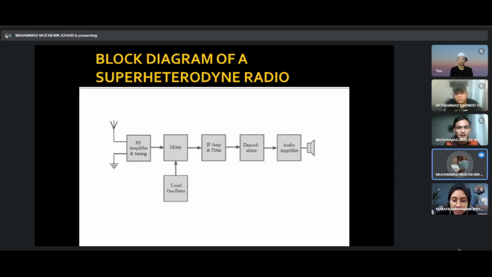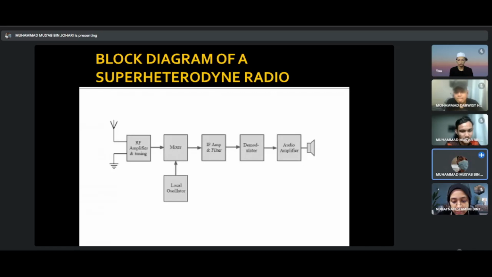Okay, this is the block diagram of a superheterodyne radio. First, we have the antenna. The antenna will accept the electromagnetic wave. It will get various types of frequency and it will process the electromagnetic wave, converting it to an electrical wave.